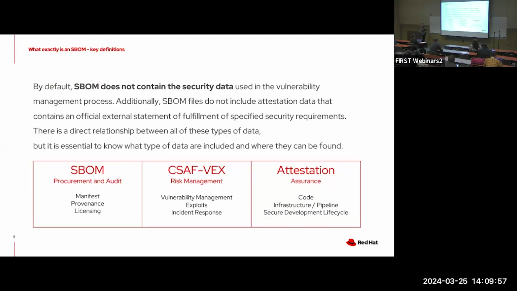SBOM, by default, does not contain security data. SBOM files also do not include attestation data. By attestation data, I mean here all vendor statements of fulfillment of specific security requirements.